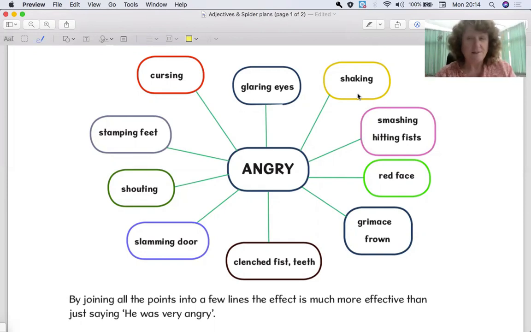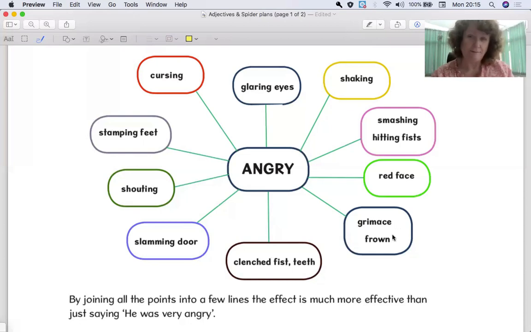So we need to think about what this person is doing with their body. They could be smashing their fist. They could be hitting a wall, or they could be doing that action because they're angry. Their face could be bright red because they're so angry.